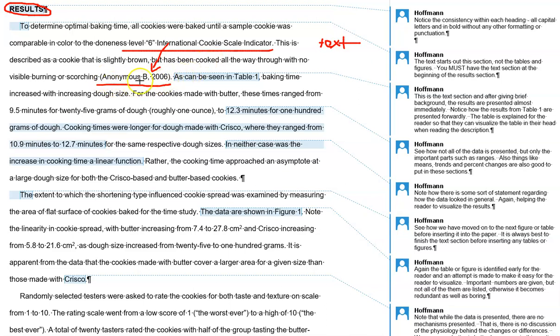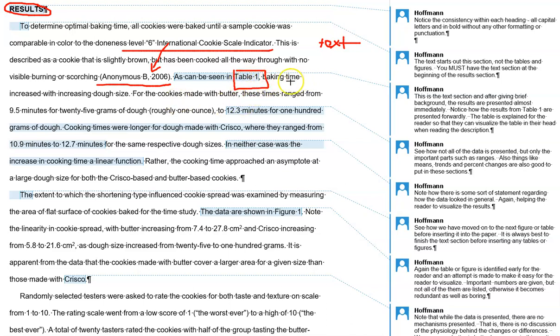Since we had anonymous A, there's something else we couldn't find the reference for in terms of who wrote it. This one would be anonymous B, and then the date of publication, which would be 2006. Okay, and then we specifically mentioned the table by name. Right, so in this case, it's table 1. Notice once we give the table a number, it becomes a proper name, so it's capitalized, capital T for table.